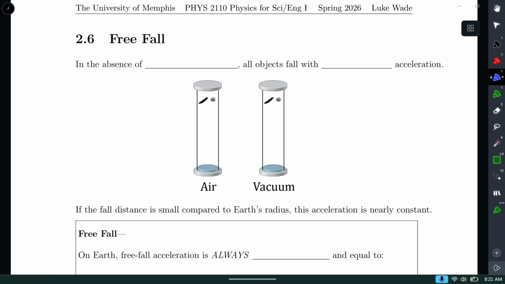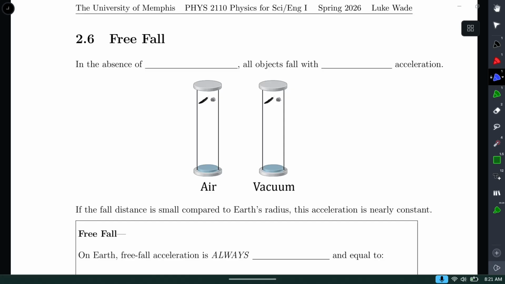It's reasonable, but the thing is, no one ever actually did that experiment until almost 2,000 years later, and that was Galileo, the famous Leaning Tower of Pisa. He took I think it was like a cannonball and something else. He took them up to the top of the Leaning Tower of Pisa. He dropped them both at the same time. They hit the ground at the same time. And he showed that most of human history, we were wrong about this.